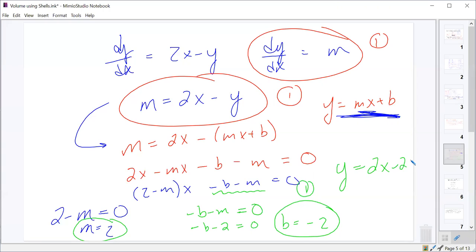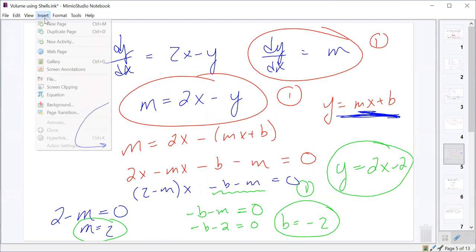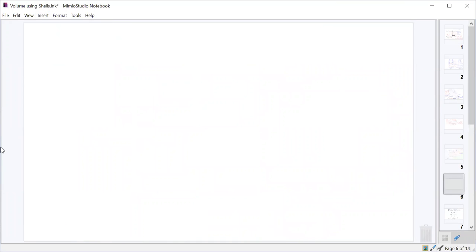Now, when we think about this being our equation, the derivative of this is supposed to be 2x minus y, though. Does that look like the derivative of it is 2x minus y? It certainly doesn't look like it, but we can be certain and check our work if we want. Our equation is y equals 2x minus 2.